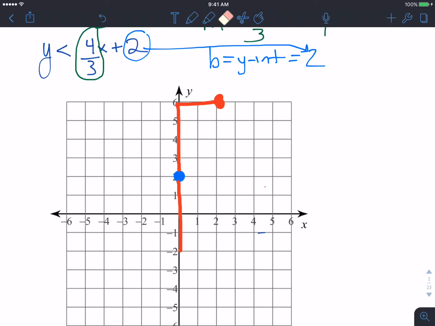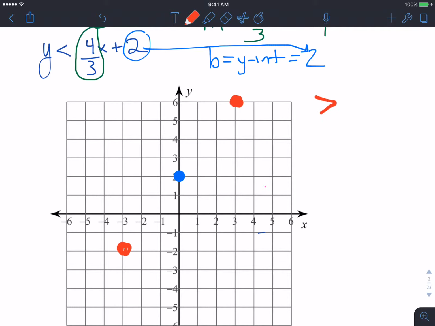Oh, it's not over 2. I'm sorry. It is over 3. And I'm going to go to the left 3. So that's what my points look like.